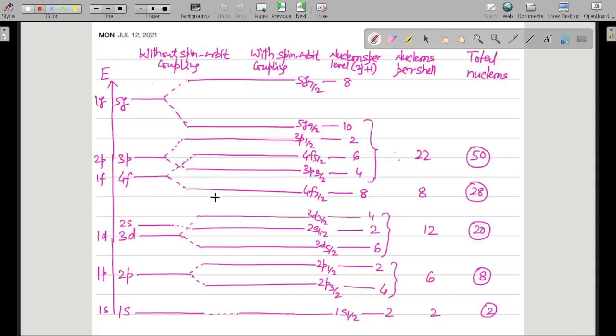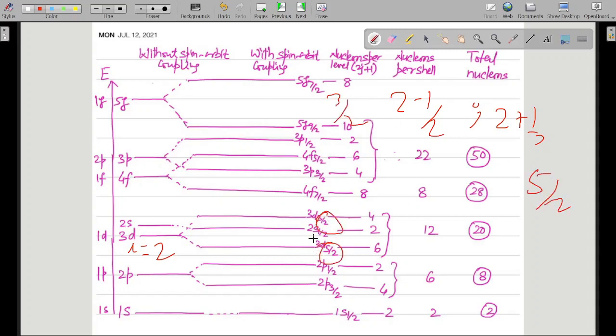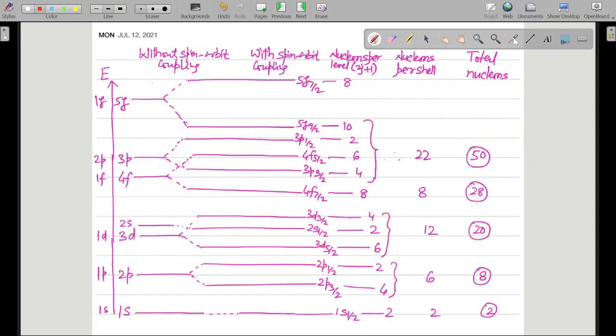For d, l equals 2, right? So 2 minus half and 2 plus half will be the values of j. Now 2 minus half is 3 by 2 and 2 plus half is 5 by 2. So 5 by 2 will be lower, 3 by 2 will be higher.